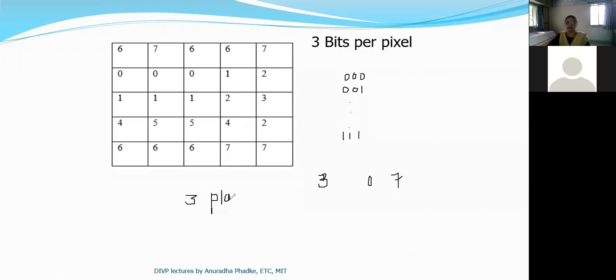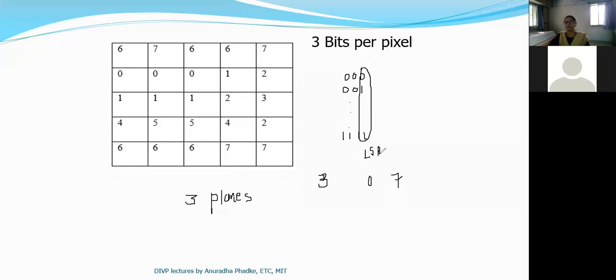Okay, so how can we get these 3-bit planes? For all these pixels, we can collect their least significant bit. We can collect the least significant bit of all pixels to get the least significant bit plane, LSB plane, or plane 0.